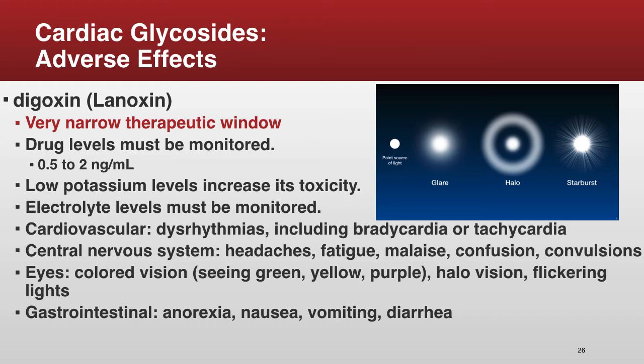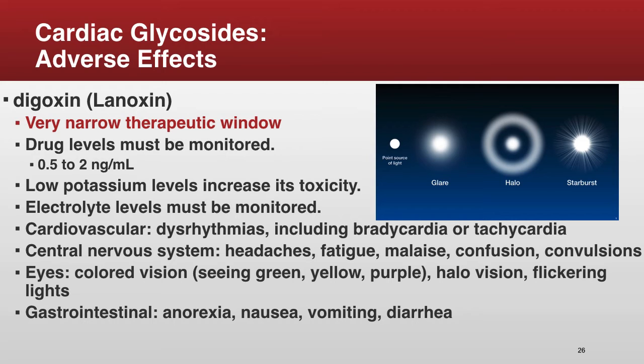Drug levels should be between 0.5 and 2 nanograms per milliliter. Low potassium levels increase the toxic effects of digoxin. So electrolyte levels need to be monitored closely.